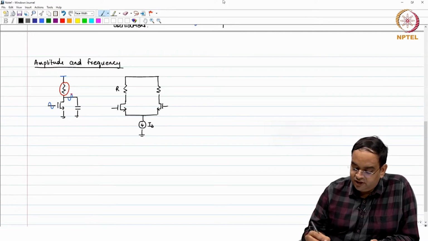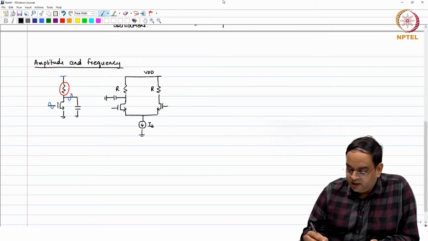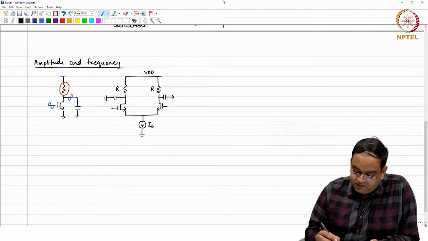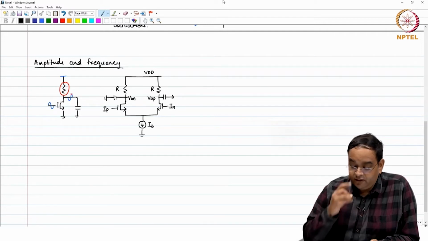Okay, you have the load resistance R connected to a supply VDD, and there is a capacitive load connected on both the sides. Okay. This is IP and this is IN, this is VOP and this is VON.